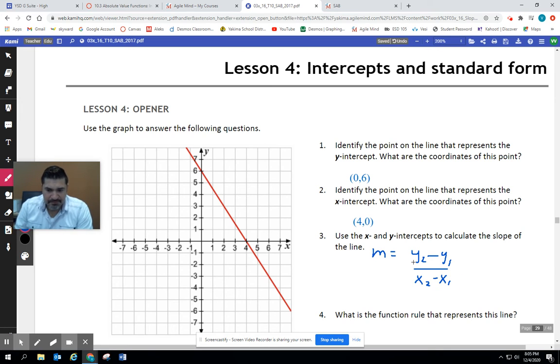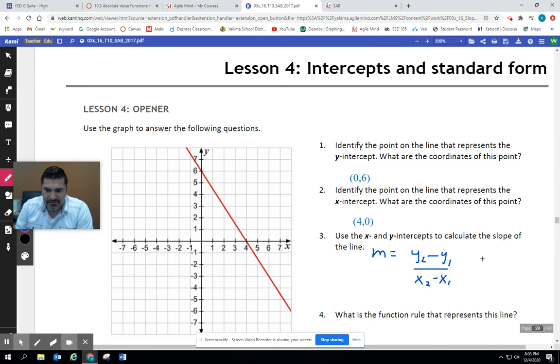So y2 is, if we're looking up here, this is our y2, because this is our second coordinate. This is our first one. This is our second one. So we have x1, y1, x2, y2.